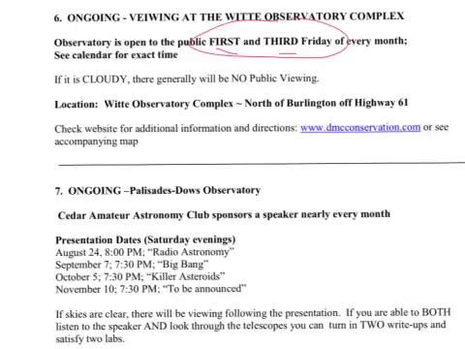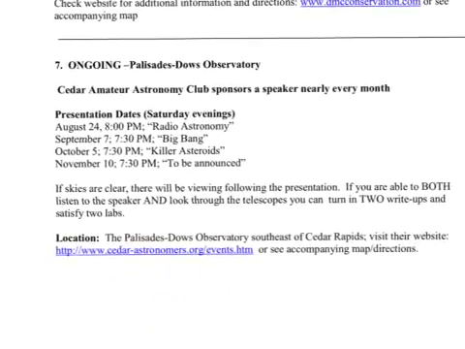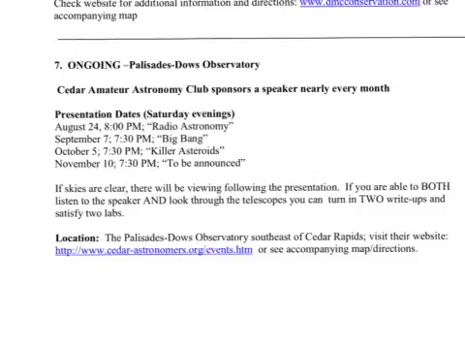This other one is kind of cool. The Cedar Rapids amateur astronomers have an observatory, kind of like the Woody Observatory Complex, except it's bigger. I have a map to show you, but to get to this one, it's farther than the Woody Observatory Complex.